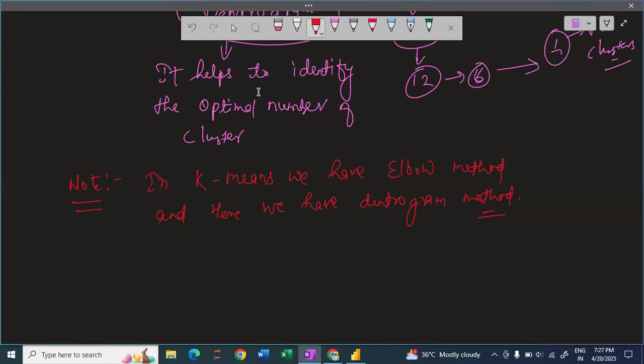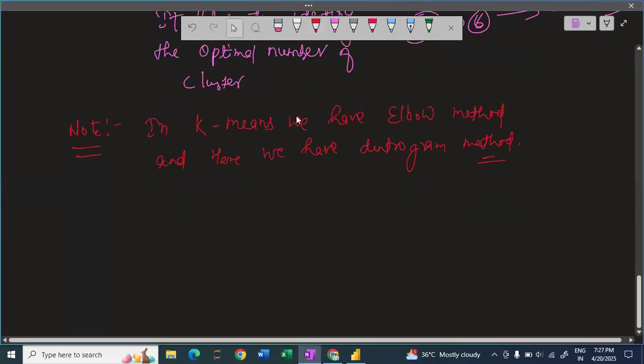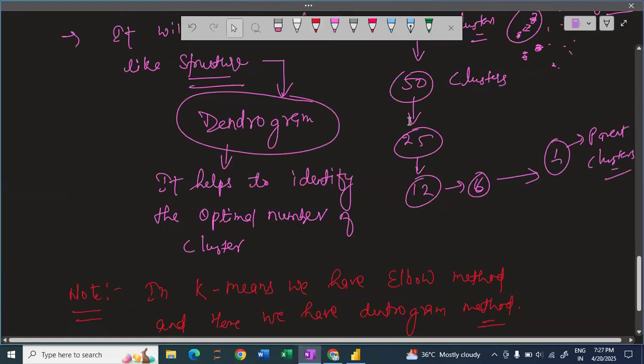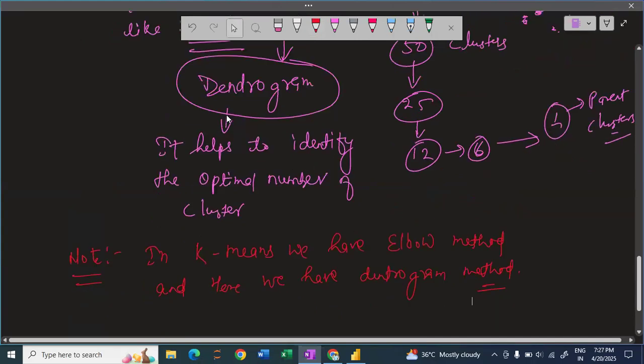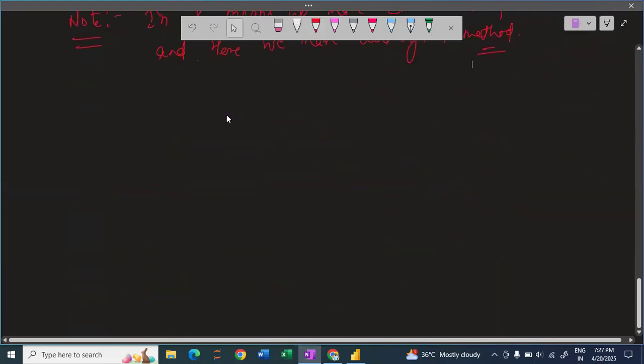Now, basically, while we are creating the tree-like structure or dendrogram, it follows a rule. Actually, not a rule.